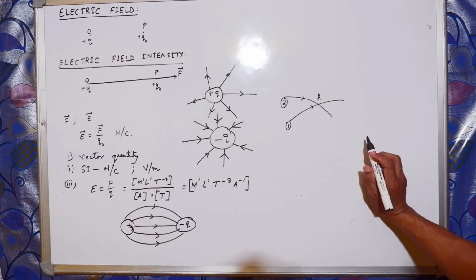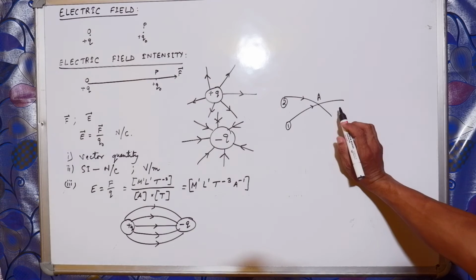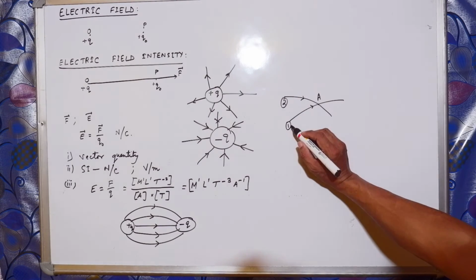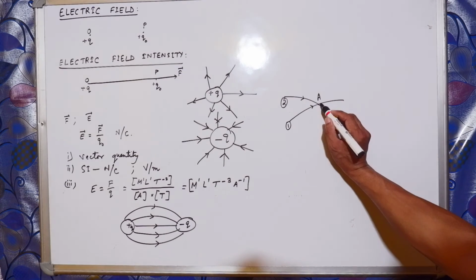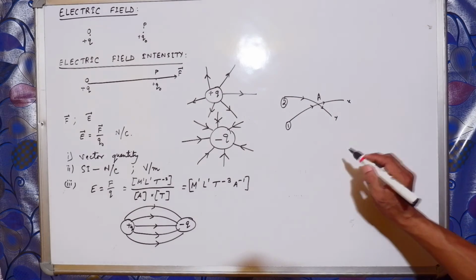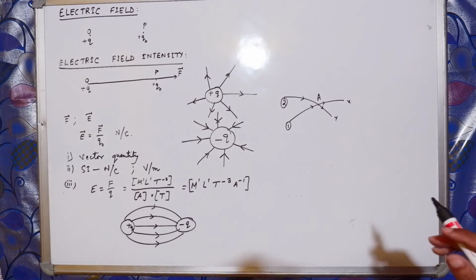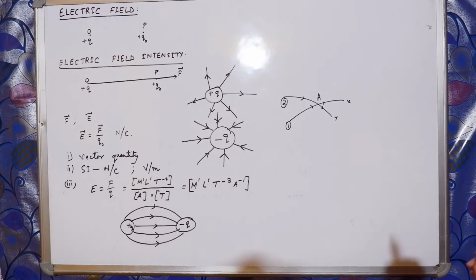Now we know that these electric field lines are vector quantities. If we look at electric field line 1, then at point A it will have two directions. One is along X, another one is along Y, which is not possible in the case of a vector. The vector cannot have two directions at one point.